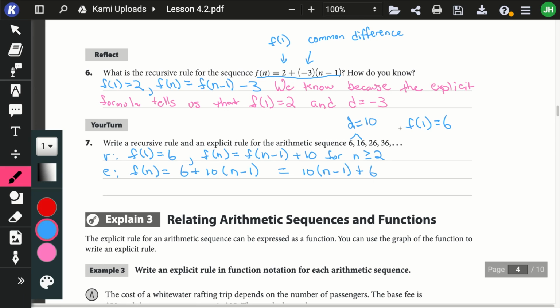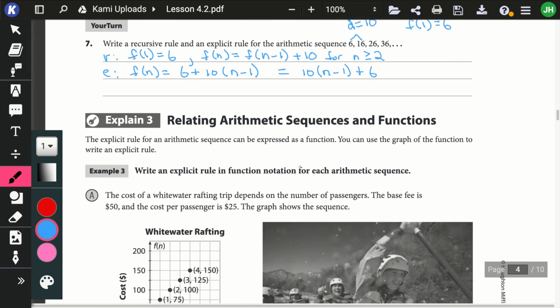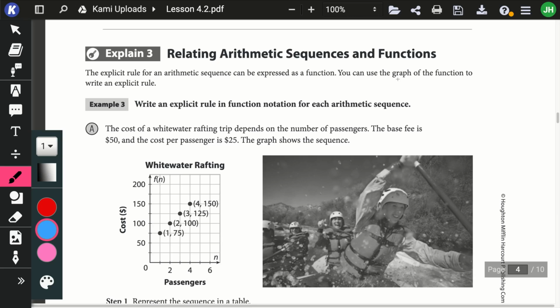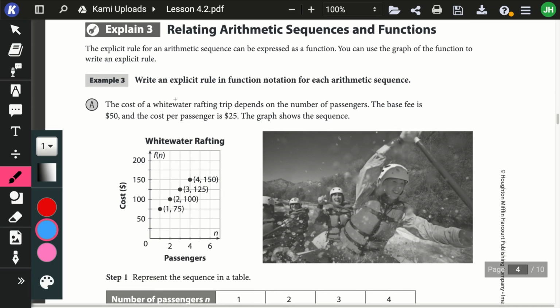All right, let's look now at the third explained, relating arithmetic sequences and functions. The explicit rule for an arithmetic sequence can be expressed as a function. You can use the graph of the function to write an explicit rule. All right, so let's look at example 3. Write an explicit rule in function notation for each arithmetic sequence.